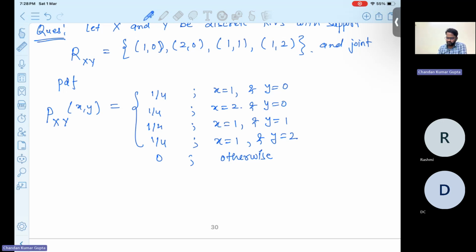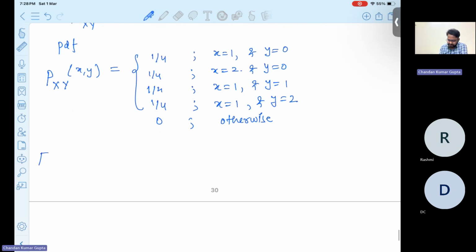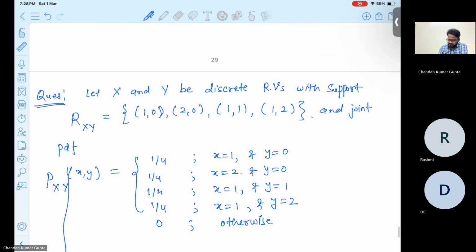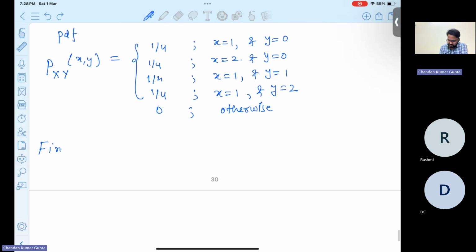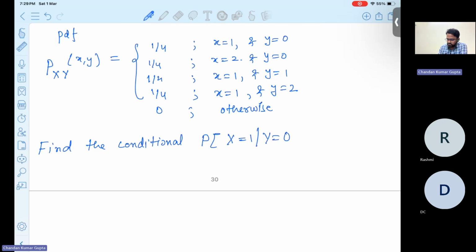Now we need to find the conditional distribution, and then the conditional probability of X equal to 1 given Y equal to 0.